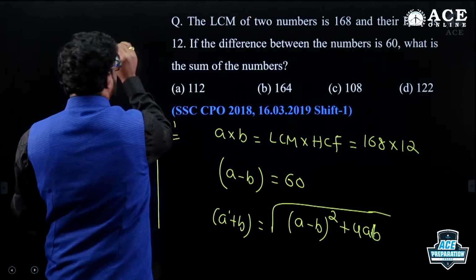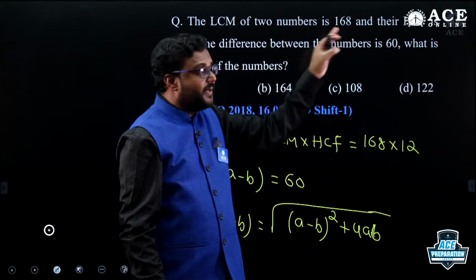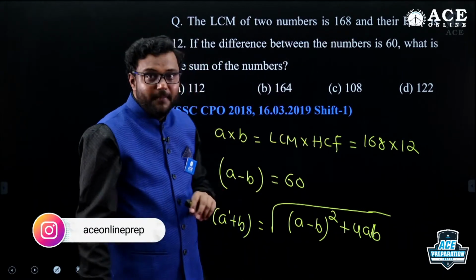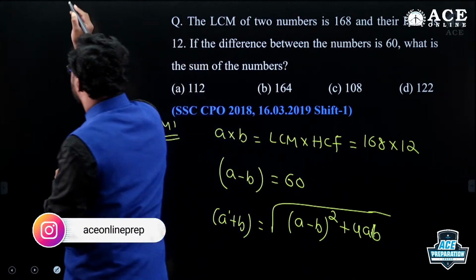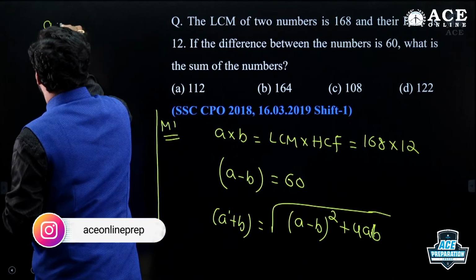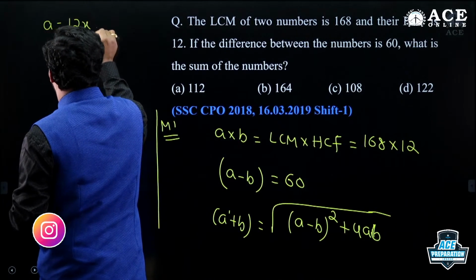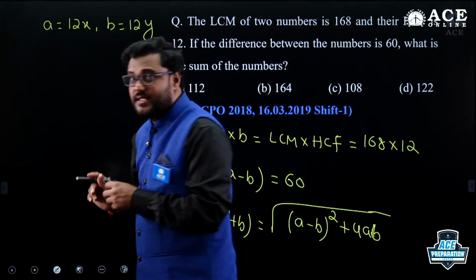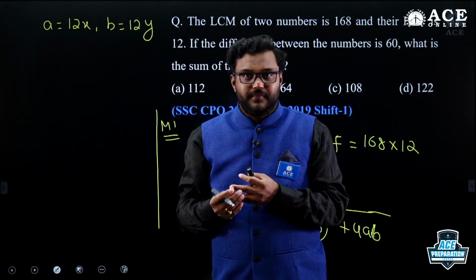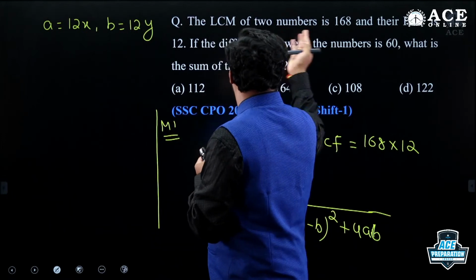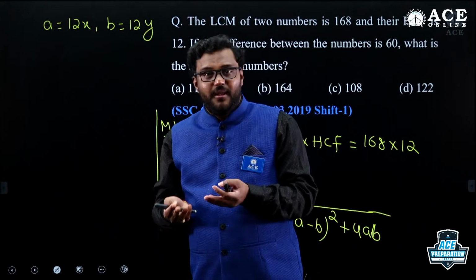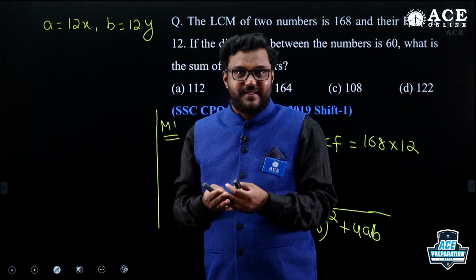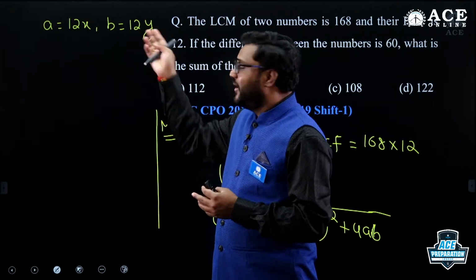You can write: HCF for two numbers is 12. That means those two numbers, let it be A, is nothing but 12x, a 12 multiple, and B must be a 12 multiple. Because they mentioned HCF is 12, those two numbers are 12 multiples: 12 into something, 12 into something.